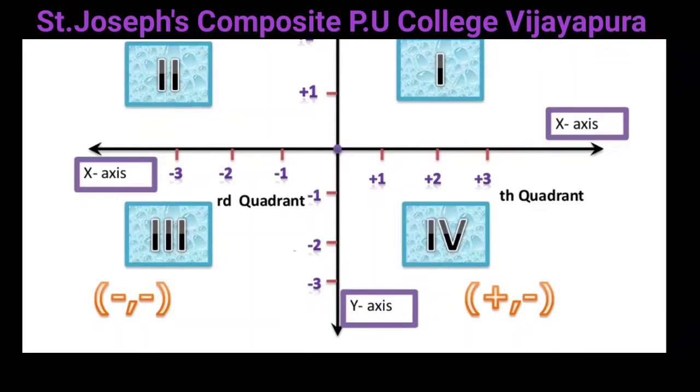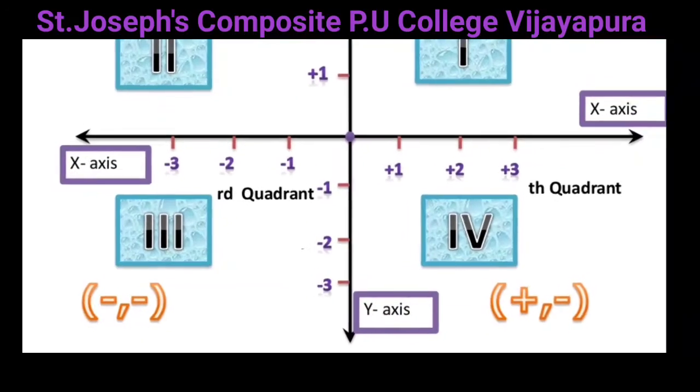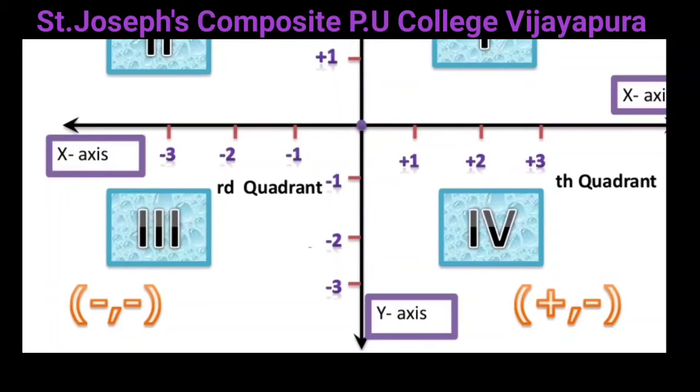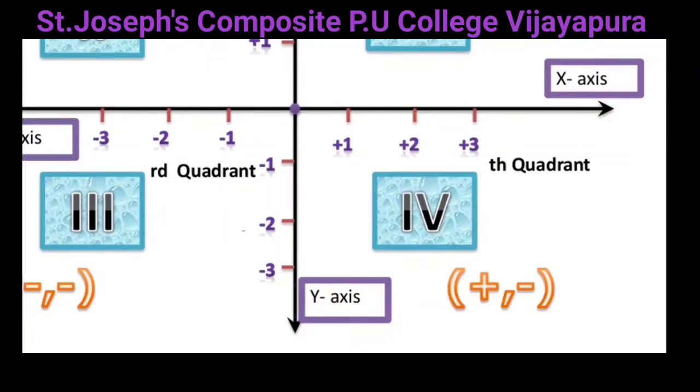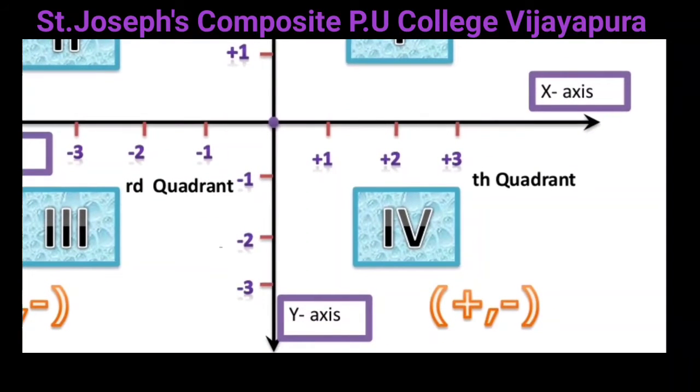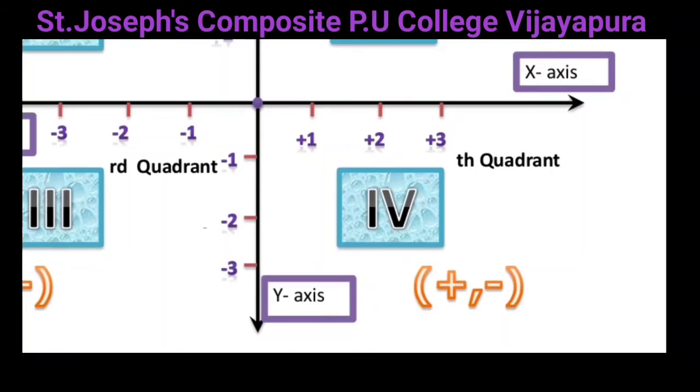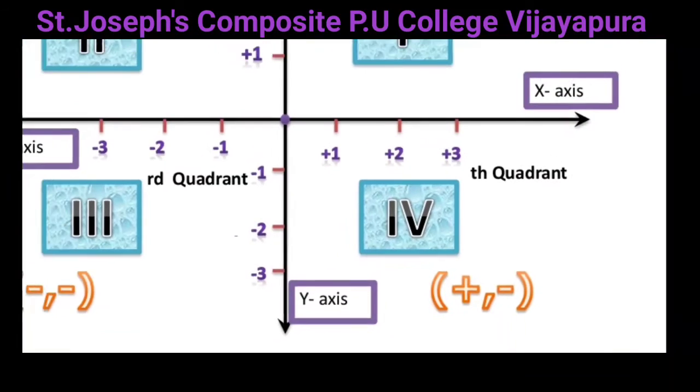In the third quadrant, the values of x are negative and y is also negative because it is below the origin, so the sign of the third quadrant will be minus minus. In the fourth quadrant, x is positive but y is negative, so its sign will be plus minus.